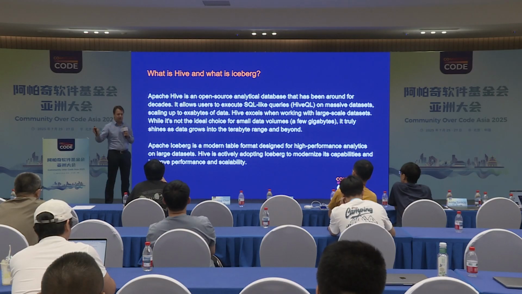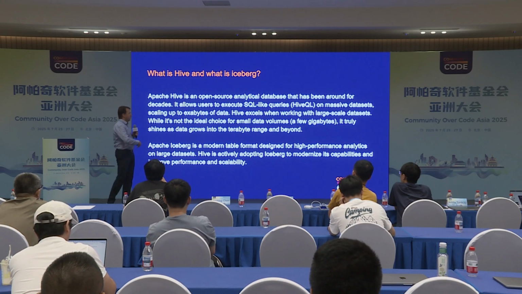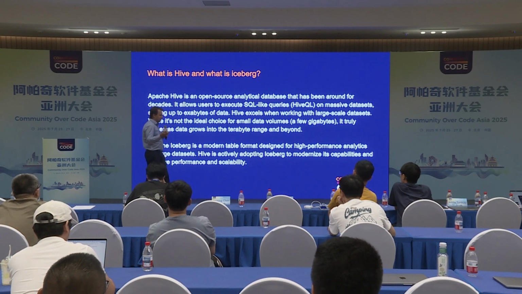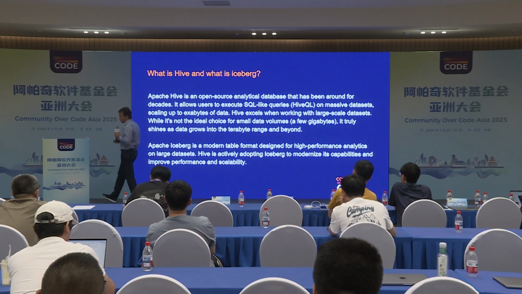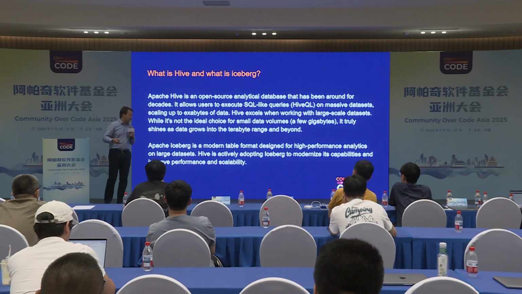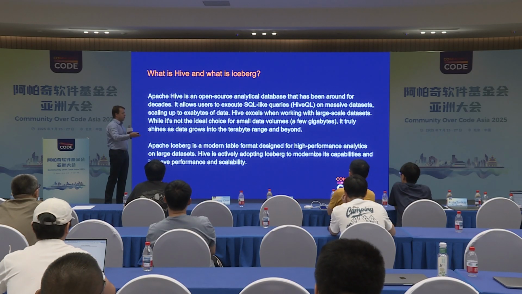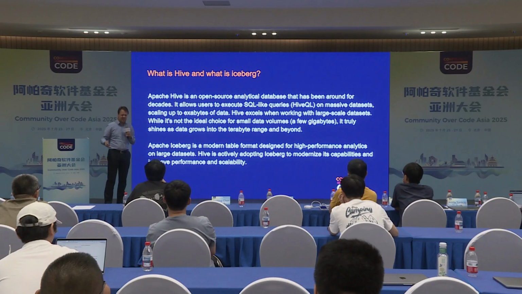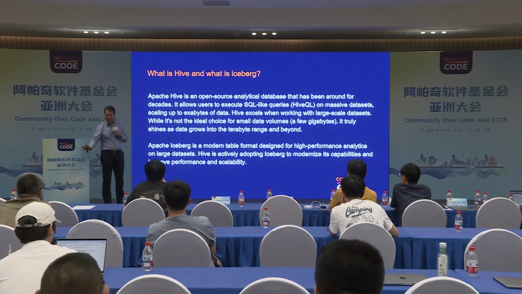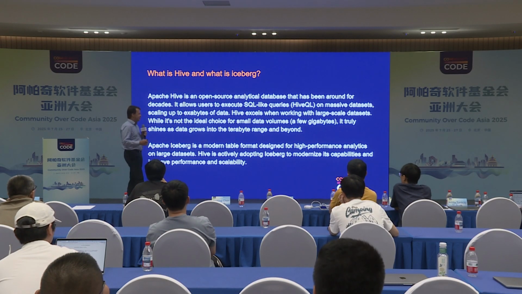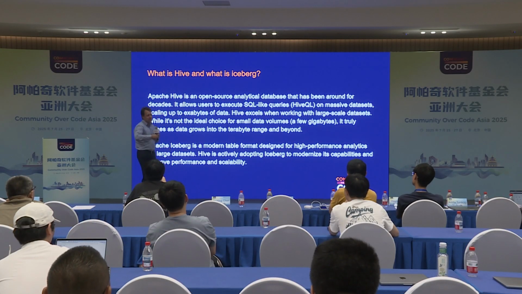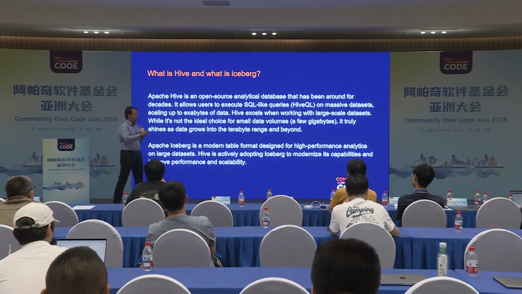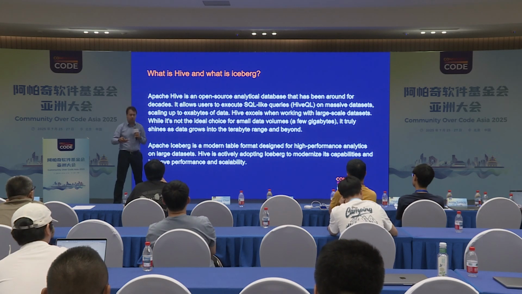It is still one of the most popular engines, many customers use it today, and it will be in the future as well. This type of engine is good for large scale data sets. It is not good for small scale data sets, where it has some challenges. But if it is terabytes or gigabytes of data, Hive is an excellent tool, and also a very familiar tool for many customers.